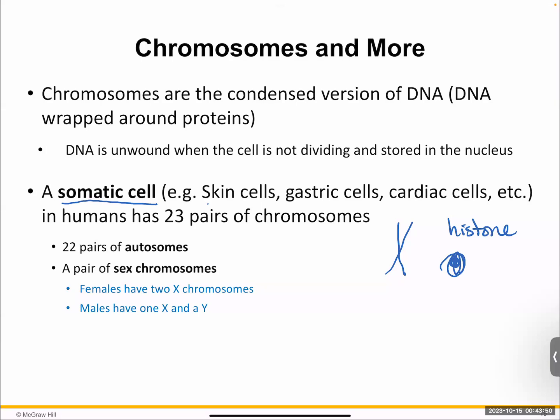Somatic cells would be skin cells, for example, gastric cells and cardiac cells. Gastric basically means your digestive system, more specifically the stomach. Cardiac means your heart. So these are cells that basically form your body.